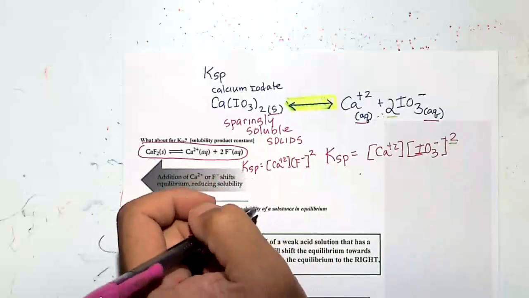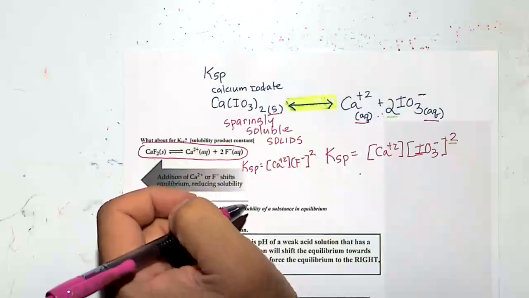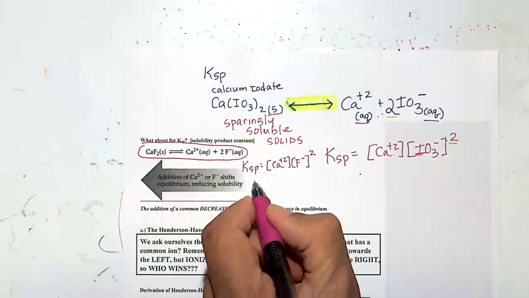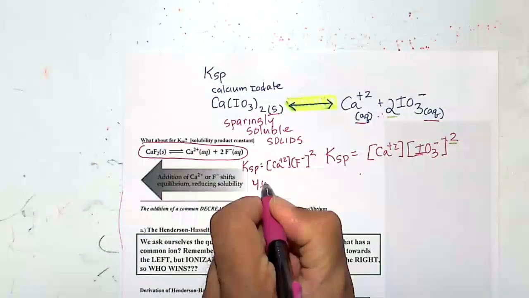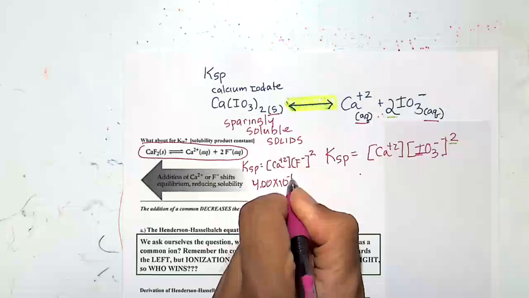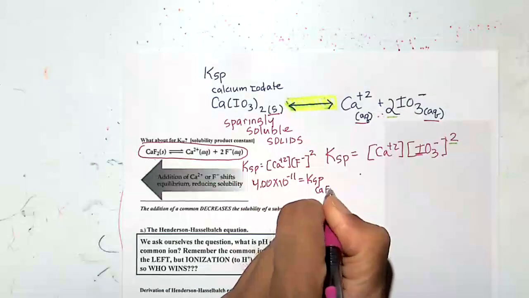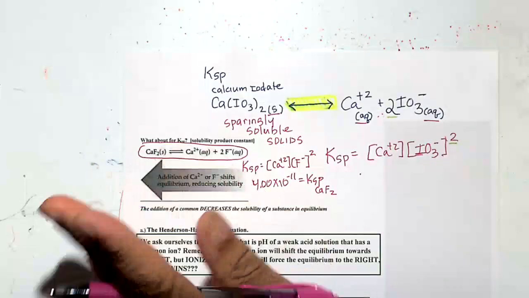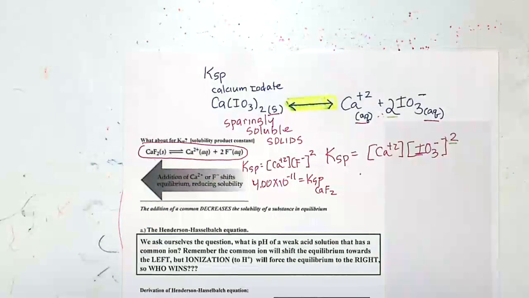All right, so this has a value, 4.0 times 10 to the minus 11, for calcium fluoride. I'll give you these Ksps, because every sparingly soluble solid will have a Ksp.